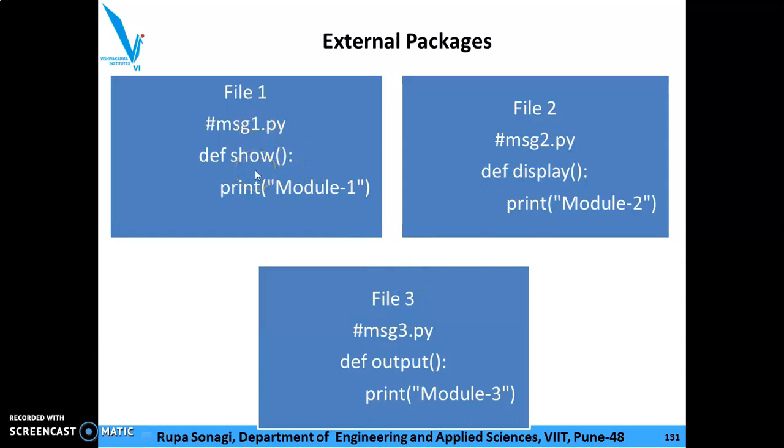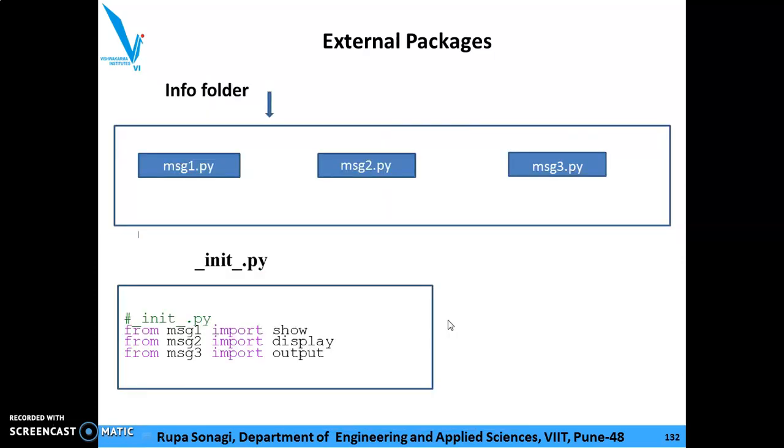Message1 has the function show which prints module 1. Message2 has a function display which prints module 2, and message3 has a function output which prints module 3. So that means you have module 1, module 2, module 3 in a single directory called info.